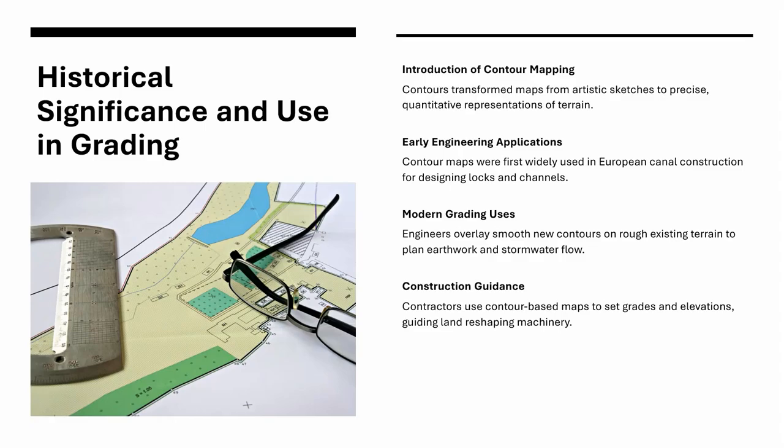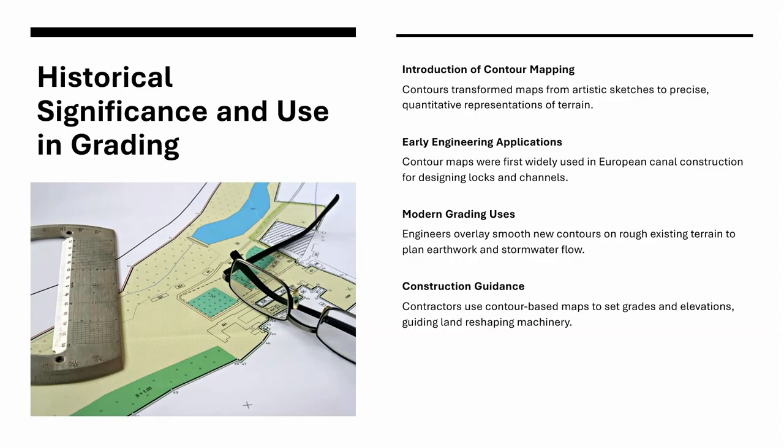In the context of grading, contours also become especially powerful. Think of a proposed subdivision plan. The engineer drafts new contours, smooth, evenly spaced lines, overlaying the jagged, irregular contours of our existing ground.